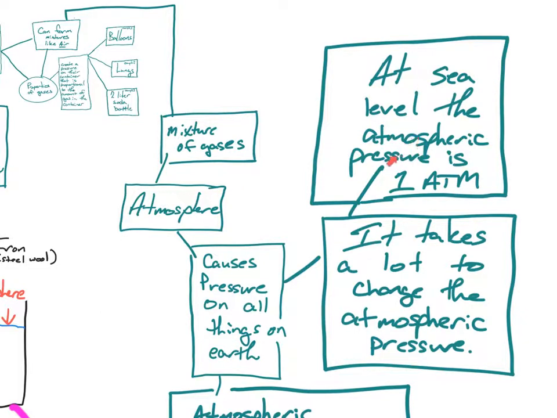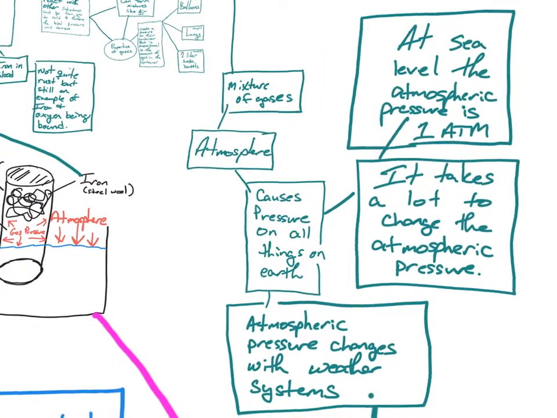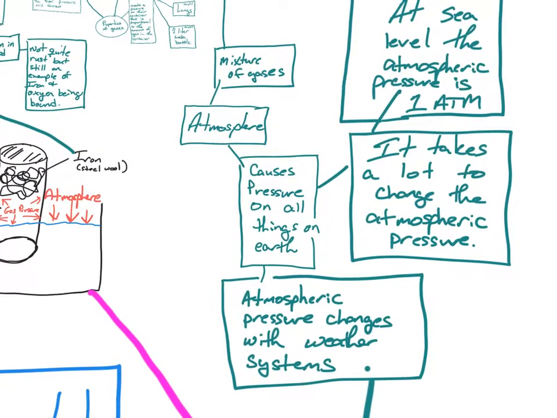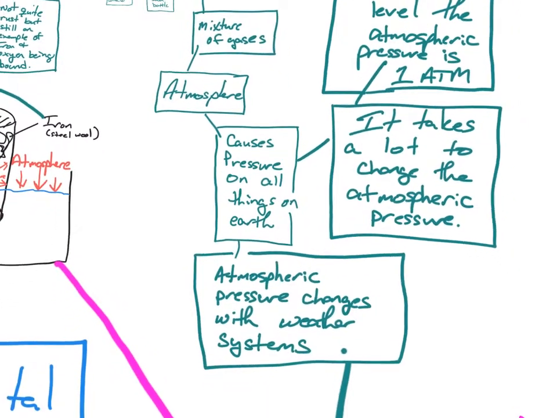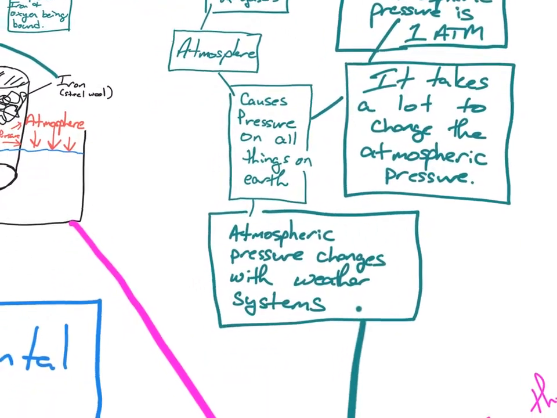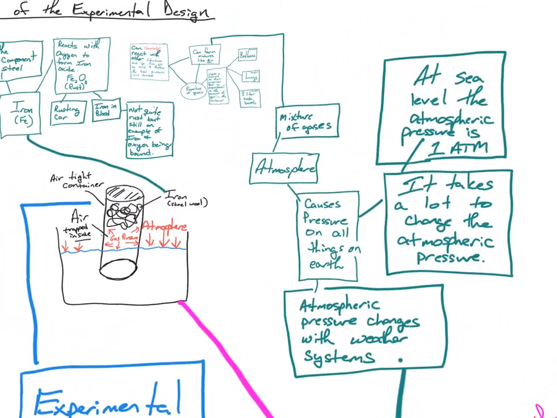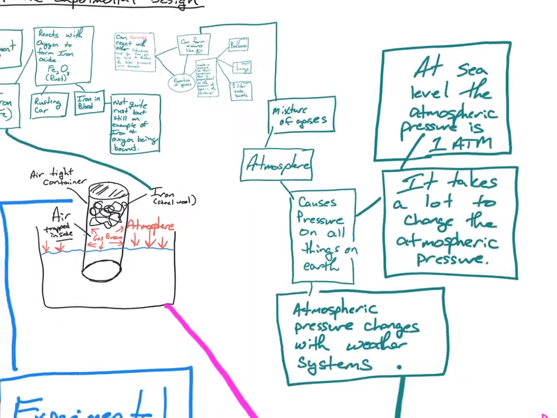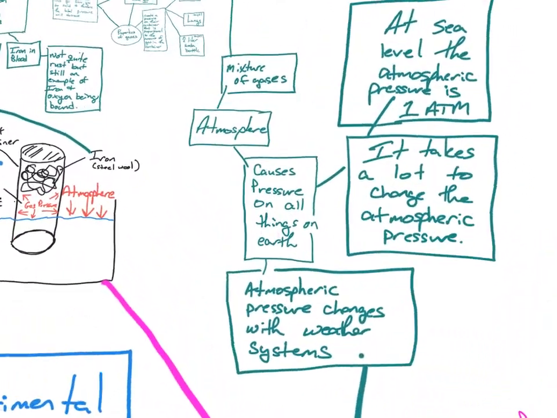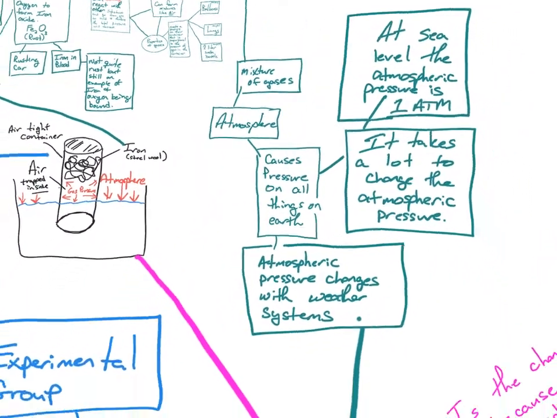So at sea level, the atmospheric pressure is 1 atmosphere. And it takes a lot to change that atmospheric pressure, right? A little bit of steel wool in a test tube won't change that air pressure. Atmospheric pressure changes with weather systems, but that's pretty much the extent of it. So at sea level, atmospheric pressure is 1 atmosphere.